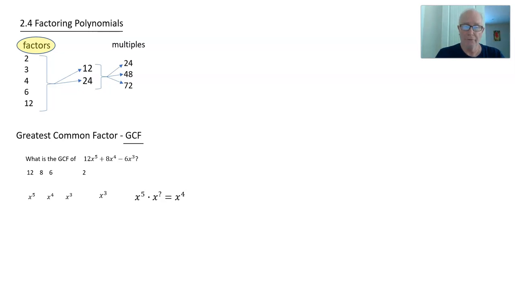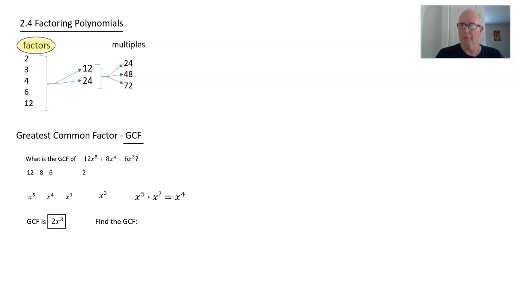It's not x to the fifth because you can't go x to the fifth times x to the something and get x to the fourth when we're only dealing with positive exponents. So x to the third is the greatest common factor for the x's. So for that polynomial expression, our greatest common factor is 2x to the third. That's the answer.